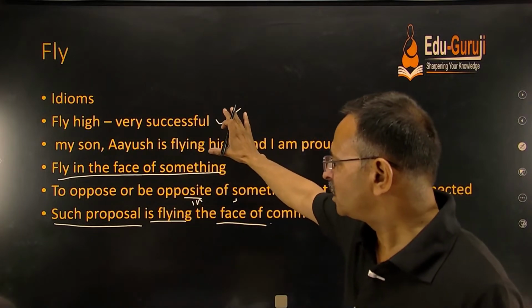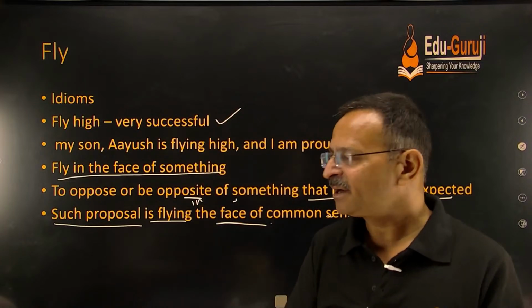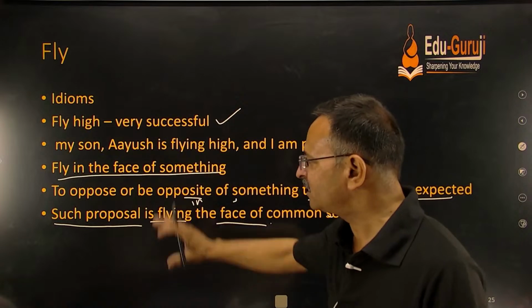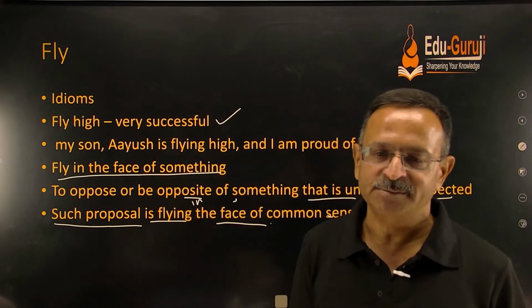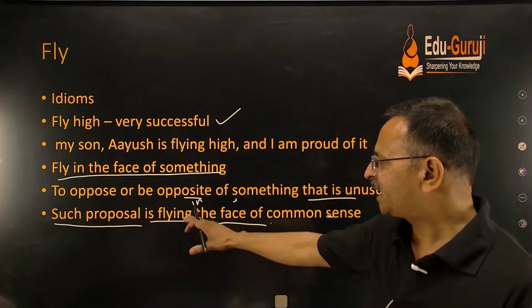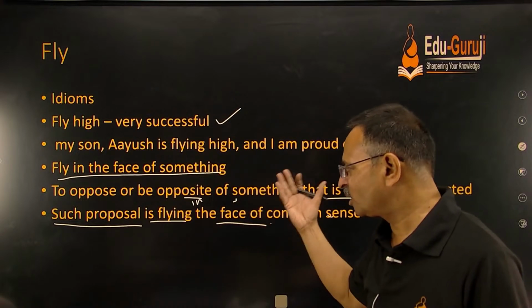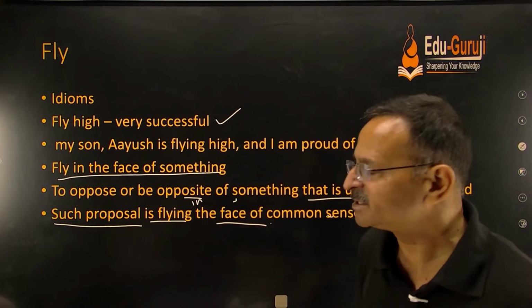So we have two idioms here. First is fly high, the second is fly in the face of something. Fly high means very successful. So anybody who is doing very well is flying high. And then to oppose or be opposite of something that you expect, or something which is common sense, right?